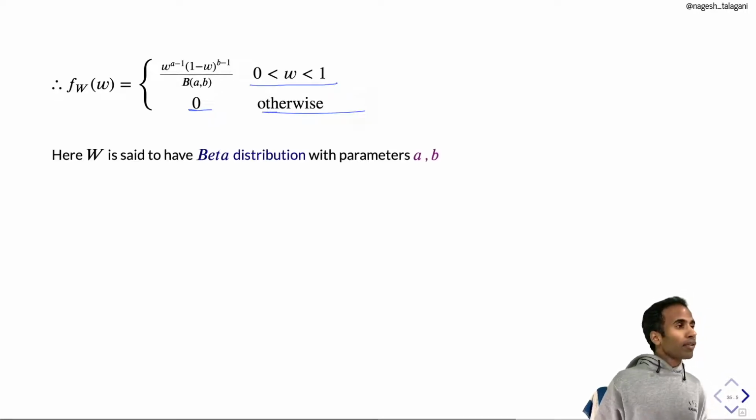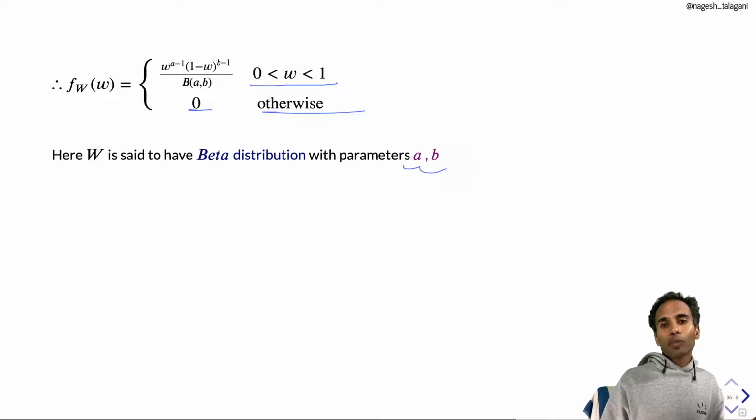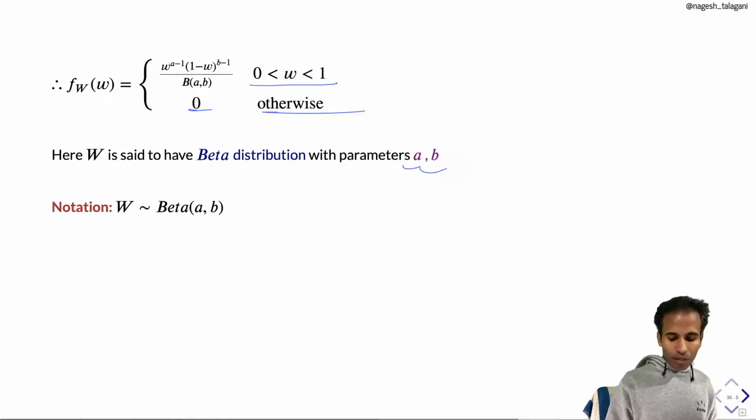Here this W is said to have something called the beta distribution with the parameters a and b. As you can see, the proportion of the time you spent in the bank actually follows the beta distribution with the parameters a and b. Here is the notation. We read it as W follows the beta distribution with the parameters a, b.